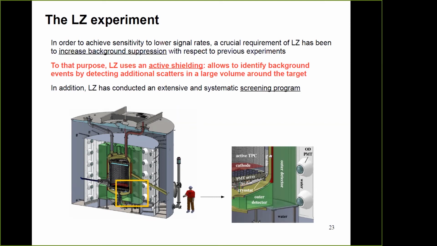So we will have some radiation entering the TPC, but if we are able to detect activity also on the outside, in coincidence with that in the TPC, we will be able with confidence to say that that's a background and to reject it. And note that with just a passive shield, we would not be able to do that. So on one side it shields, but on the other side it detects backgrounds. So that's the point of having active shielding.